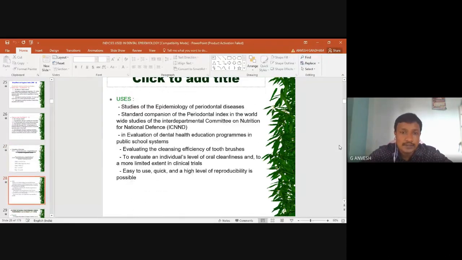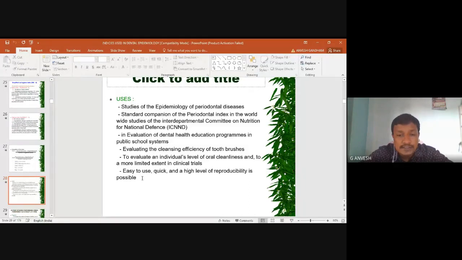Next, the uses. The first is studying the epidemiology of periodontal diseases, and as a standard companion of the periodontal index in the worldwide studies of the Interdepartmental Committee on Nutrition for National Defense. Third is in the evaluation of dental health education programs in public school health programs, evaluating the cleansing efficiency of toothbrushes, evaluating an individual's level of oral cleanliness, and to a more limited extent in clinical trials.